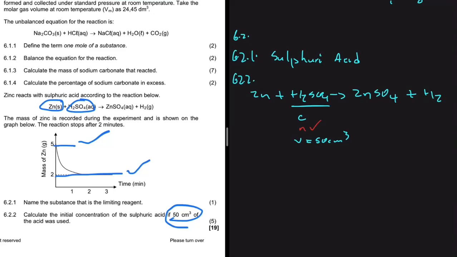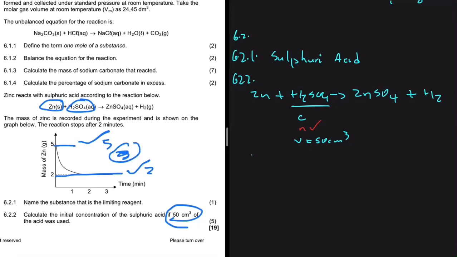We can use zinc, because we know fully well the mass of zinc that reacted. Again, for Adam and Eve's sake, initially we had 5 grams of zinc, and then after some time we have 2 grams. So how much reacted? It should be clear to see that 3 grams of zinc reacted.